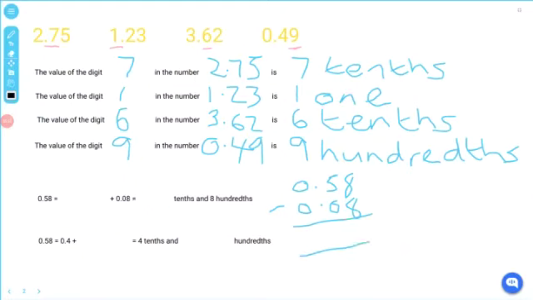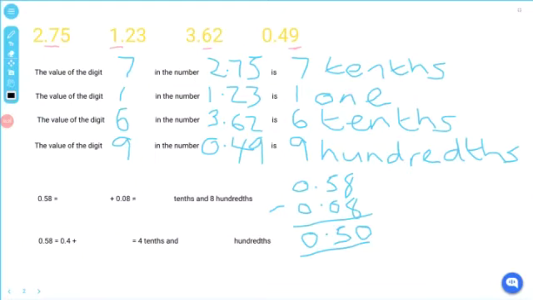Okay, so let's do the calculation together. So we have 8 take away 8, which is 0. Then we have 5 take away 0, so that will be 5. Then we can put our point in there because we are working with decimals. And then 0 take away 0. We don't have anything. So we know our number of our tenths is 0.5.